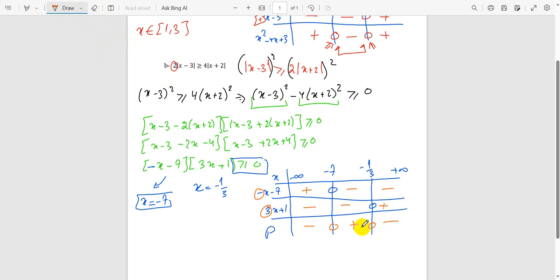And here we have roots. Since we are talking about the inequality greater than or equal to 0, then this is the interval. Of course, we have or equal, then these two values are included, negative 7 and negative 1 over 3, and the interval will be x belongs to negative 7, negative 1 over 3.